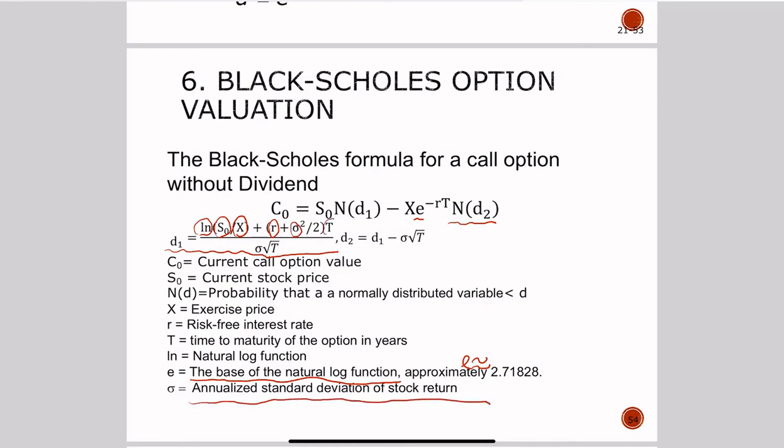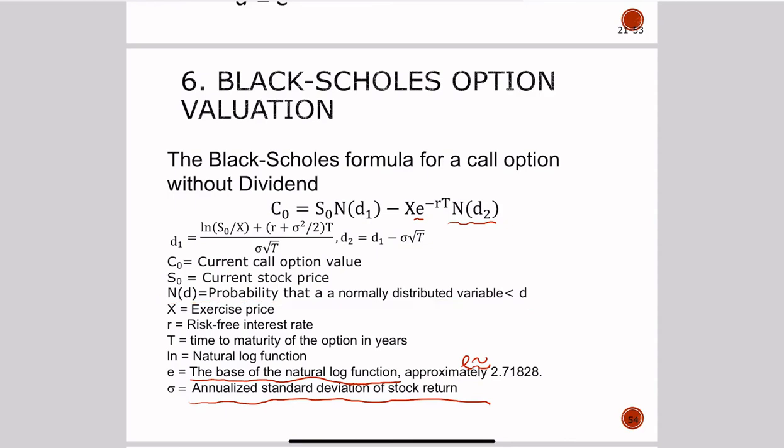T, again, is the time to expiration. And d2 equals d1 minus sigma times the square root of T. Now, N(d) is the probability that a normally distributed variable is smaller than d. That's the definition of N(d) here.